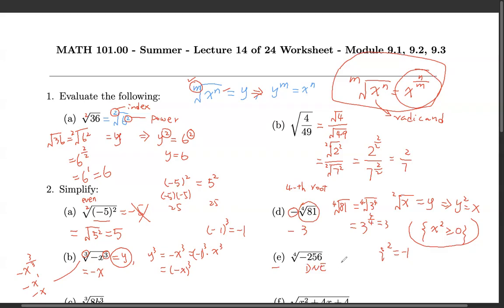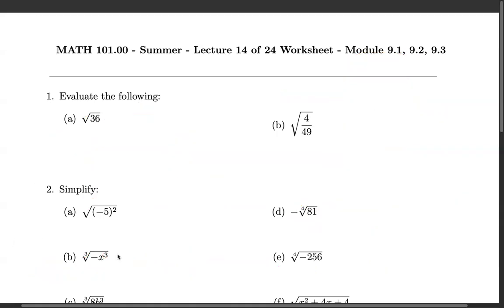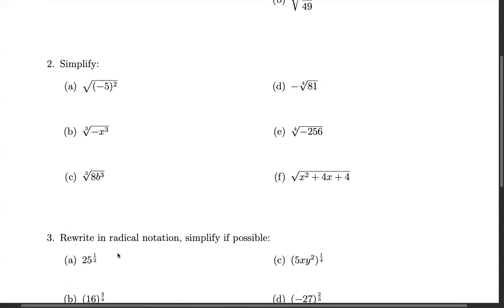We haven't learned imaginary numbers yet, so for now, this cannot be simplified, does not exist in the real number system. But it does exist in imaginary numbers, which we will learn later. Let me move up the slides.